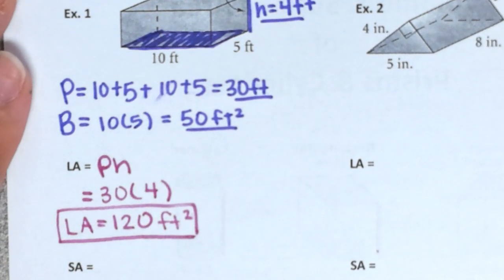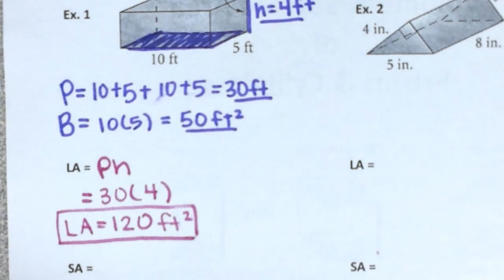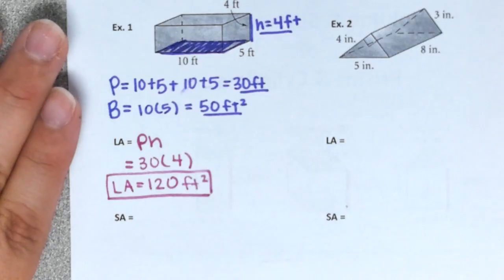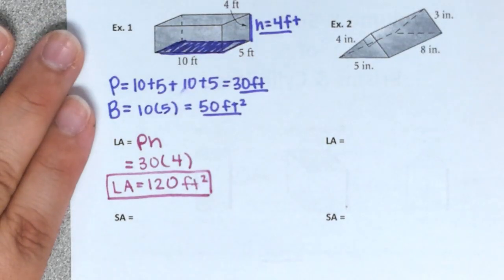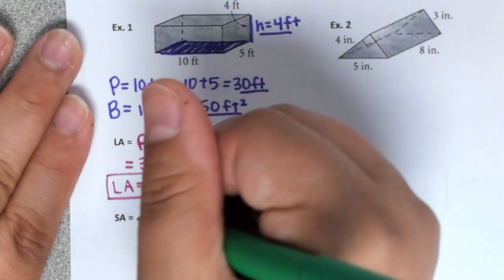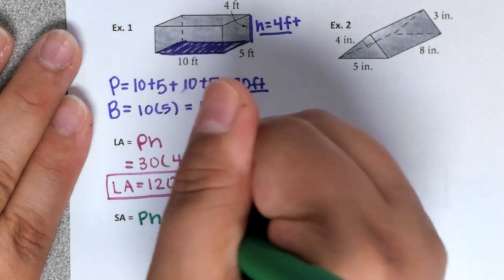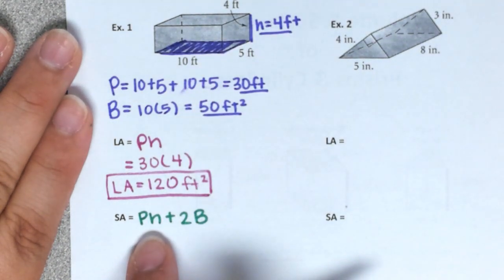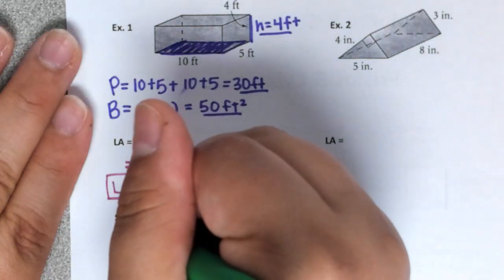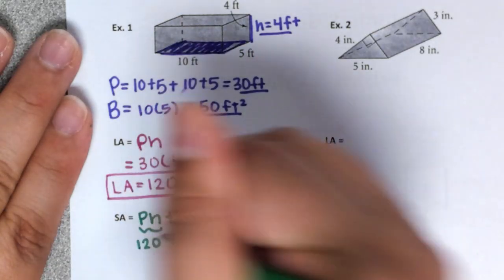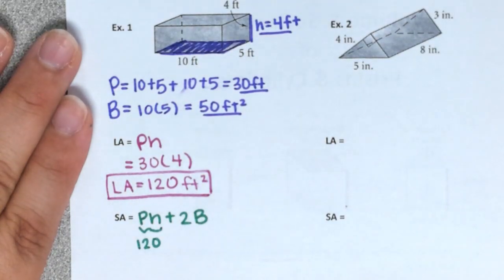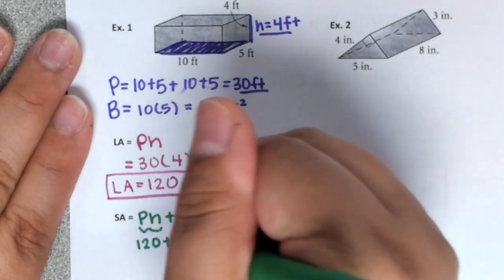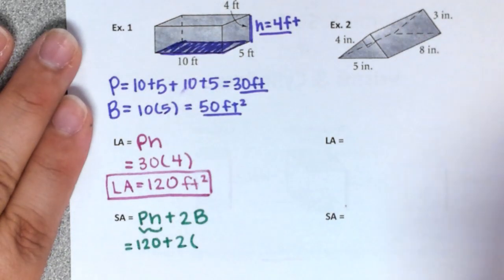Questions? How do I find total surface area? What's the formula for total surface area? PH plus 2B. Well, y'all, didn't we just find PH? What was that? So I don't need to plug it in again. I can just write 120. You would only need to plug it in if you hadn't found it first. Plus 2. What is my big B?